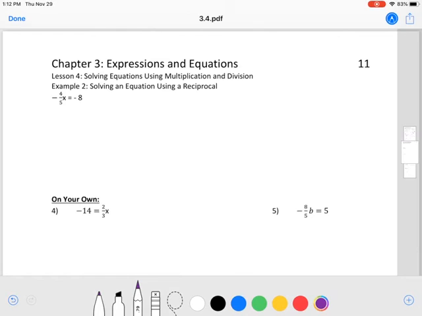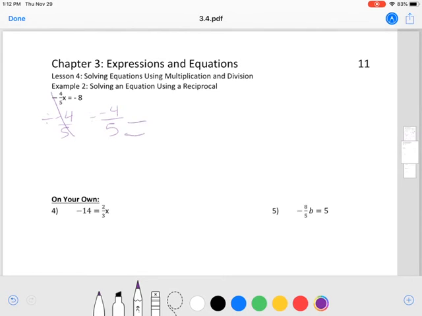And so for instance, in example 2, it's saying -4/5 x equals -8. And so this is obviously multiplication, so we're going to want to divide by -4/5 on each side. And so those 4/5 are going to cancel out.